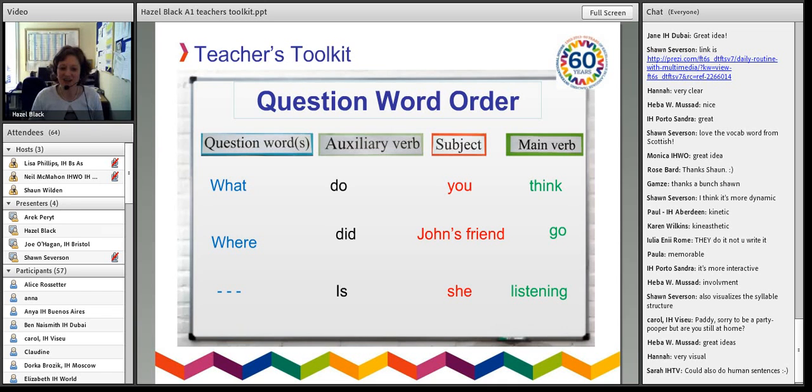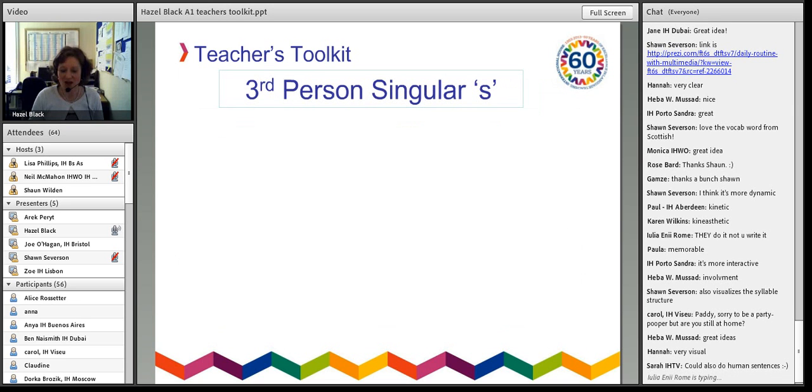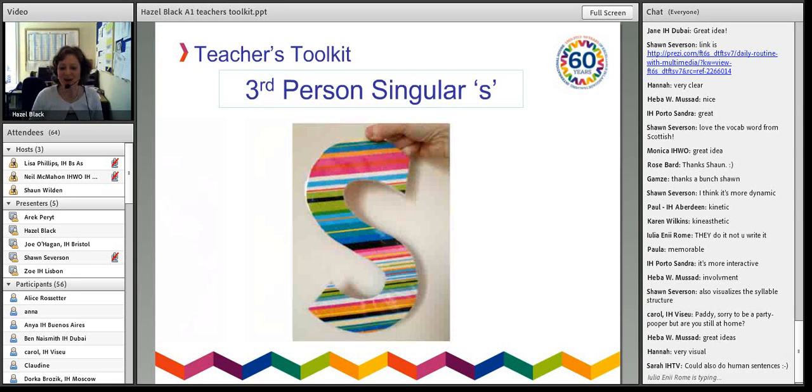You see that I've got a blue background, I've got a red background there, and a green for the main verb. Doing it like this, it just shows the students that there's a very consistent word order going on in the formation of questions. It shows ones without a question word here as well.